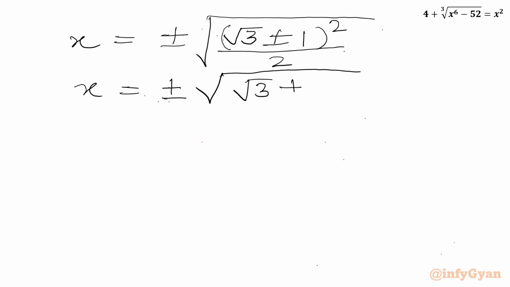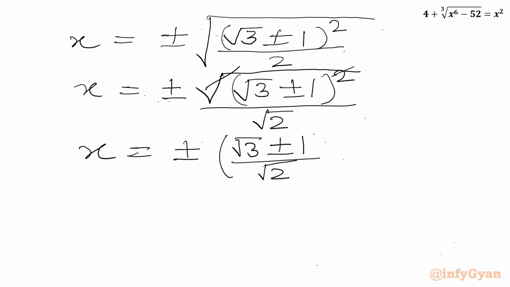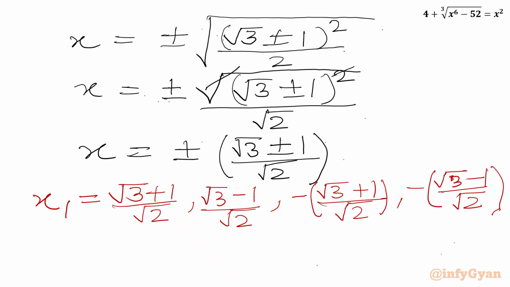Root 3 plus minus 1 whole square over root 2. Now we can cancel a square root with a square in the numerator. So we will get x equal to plus minus root 3 plus minus 1 over square root 2. So we will get 4 real solutions. So we have overall 4 real solutions.